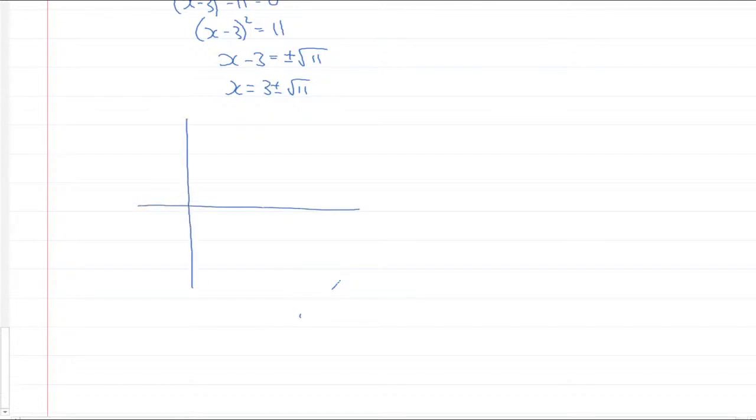So you know that it's going here and here. So then just draw your graph like that. Then you say that this point is 3 minus root 11. This point here is 3 plus root 11. This point here is -2, and this is 3, minus 11.